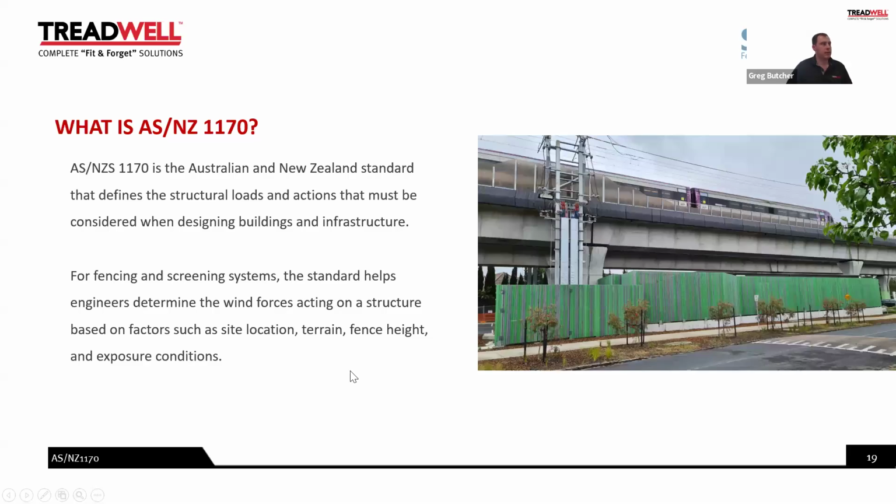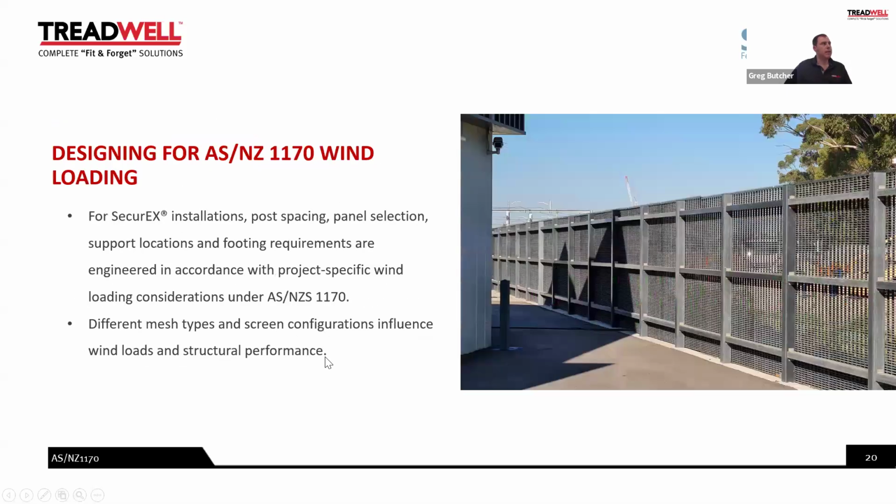And as I alluded to earlier, Treadwell's in-house design team can absolutely design, has done, and continues to design to 1170, depending on a whole host of different variable factors such as heights, different cyclonic or wind loading areas of the geography, and different terrain and exposure conditions as well. So they certainly help with most, if not all, requirements that may arise.